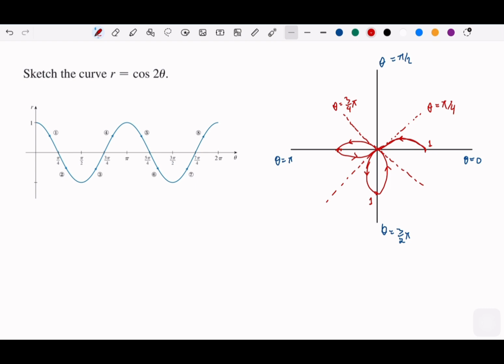So it's actually quite fun, right? It's going to be here until it reaches negative 1. The 3 pi over 2 is going to be here, because it's negative 1. And then the same thing, going that way until it's 0 at 7 pi over 4. 7 pi over 4 is the same line as 3 pi over 4, because 7 pi over 4 is 3 pi over 4 plus pi.